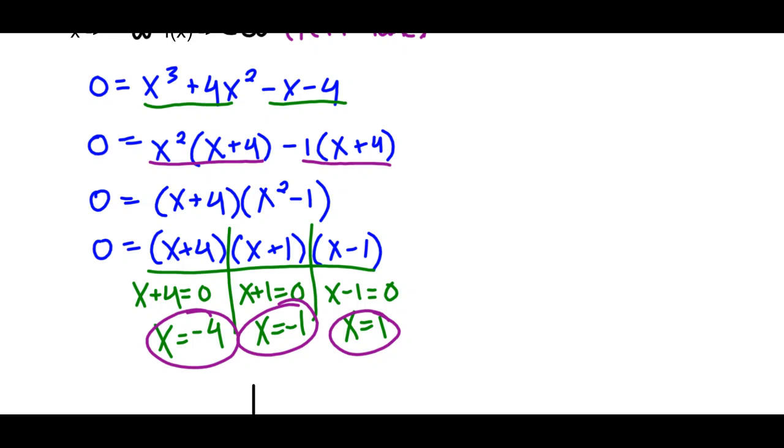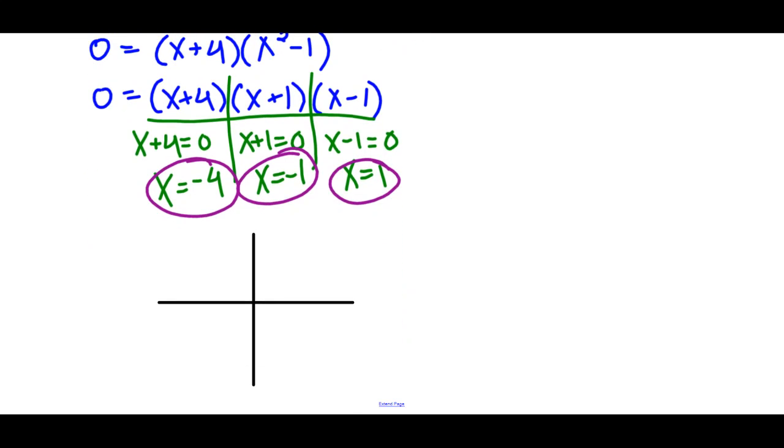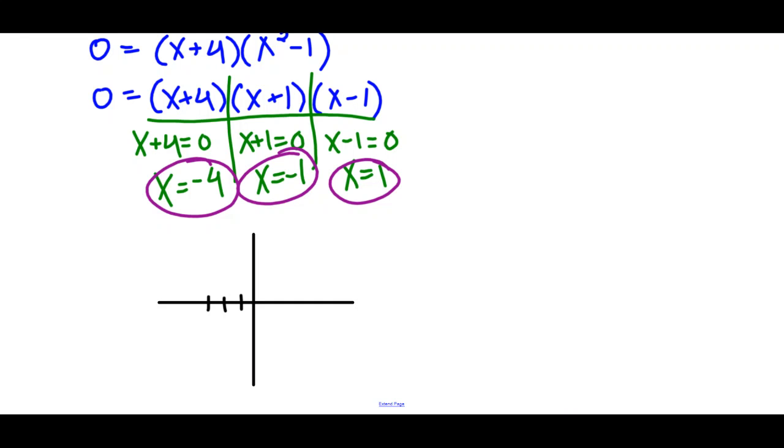So once we have those x-intercepts, now we can come up with a sketch. So just approximating where this is, negative 4, negative 1, positive 1. So we have a 0 right here, here, and here, approximately.